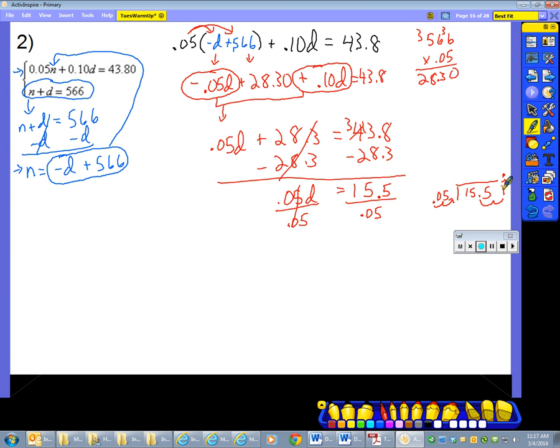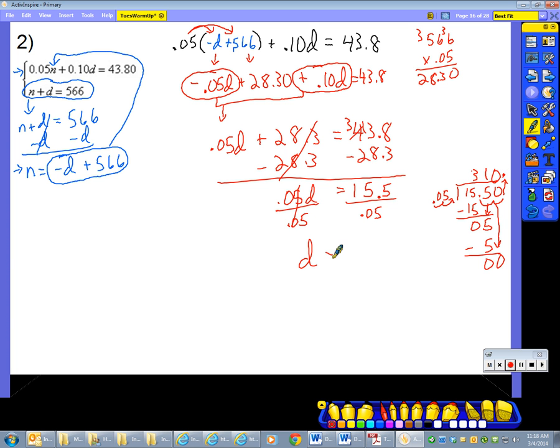So my decimal place is going to be there, and I'm going to fill that blank spot in with a 0. So now 5 will go into 15 3 times. Bring down my 5. 5 will go into 5 1 time. Bring down my 0. 5 will go into 0 0 times.